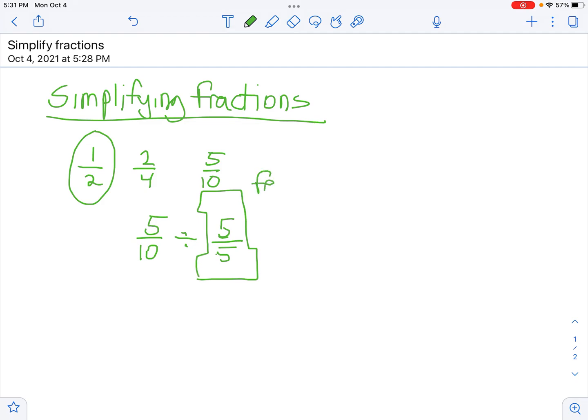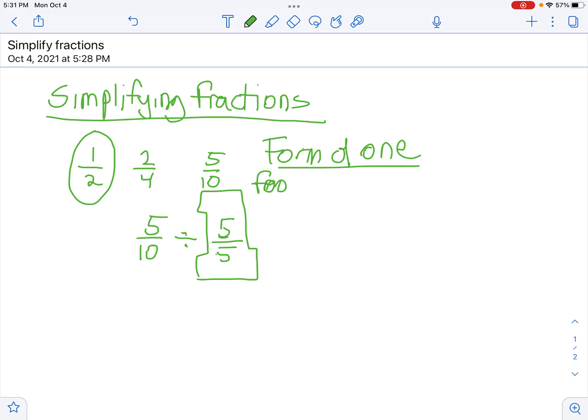Foo stands for form of 1. As long as you're multiplying and dividing by a form of 1, you're not changing the value, because when you multiply or divide by 1, you get the same thing you started with.